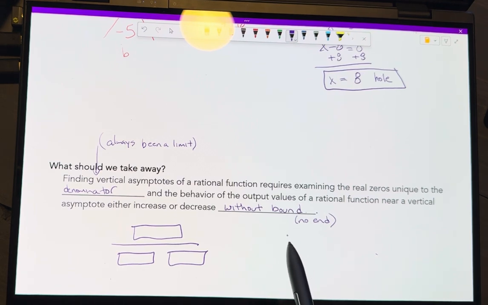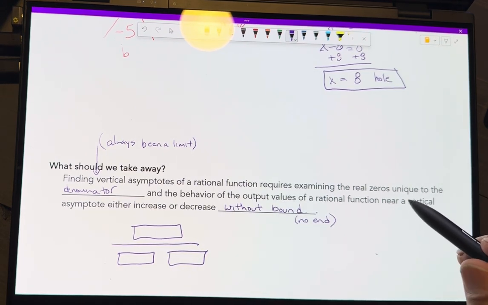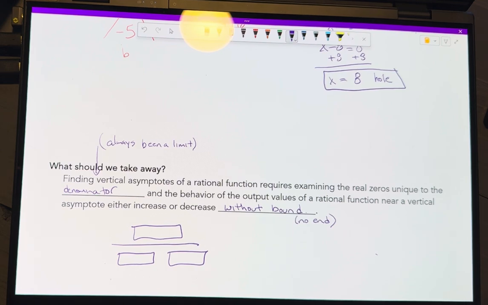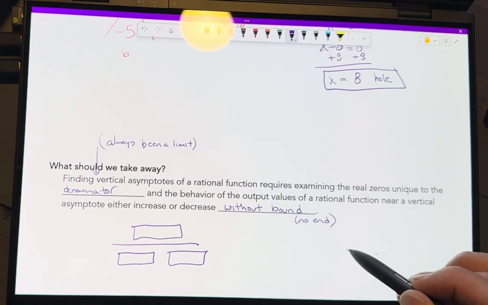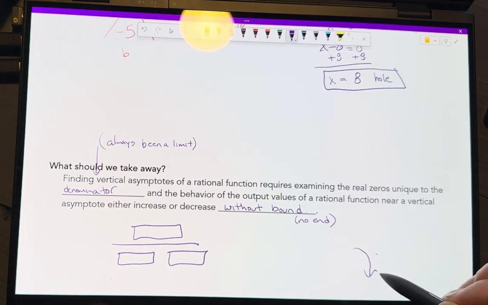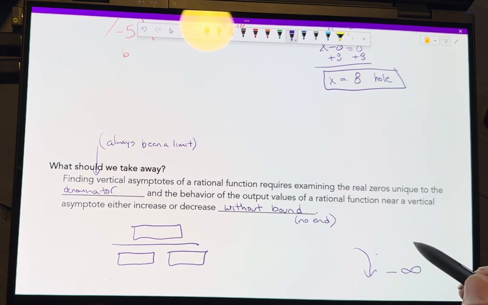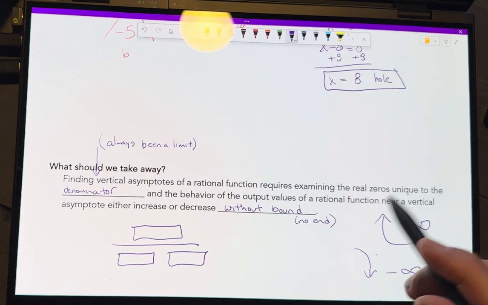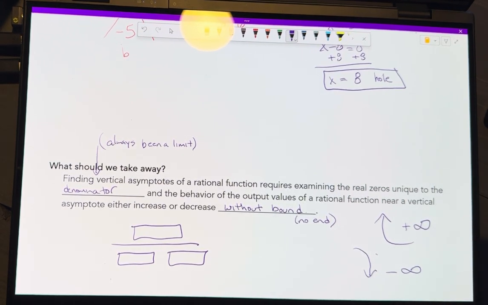And the end behavior of the output values of a rational function near a vertical asymptote either increase or decrease without bound. So they're either going to go more negative or go more positive without bound, meaning there's no end. They'll just continue off.